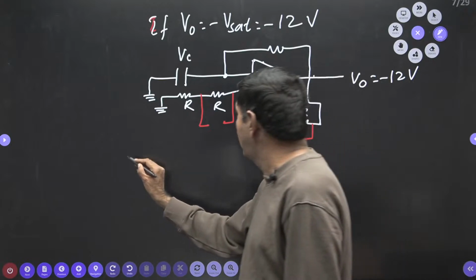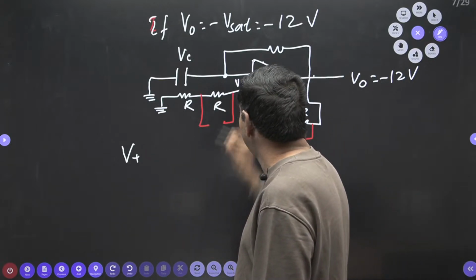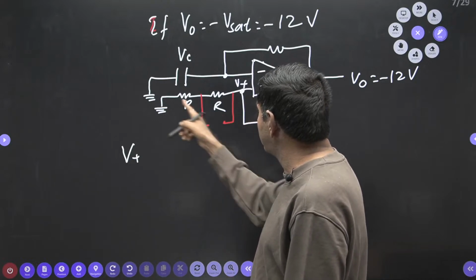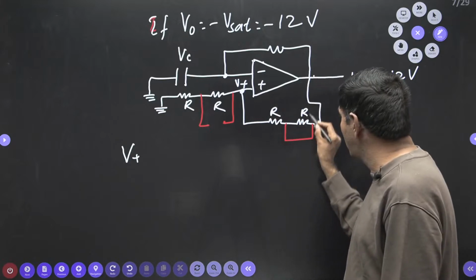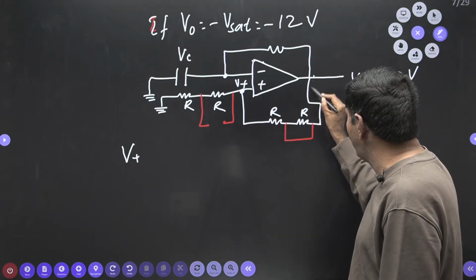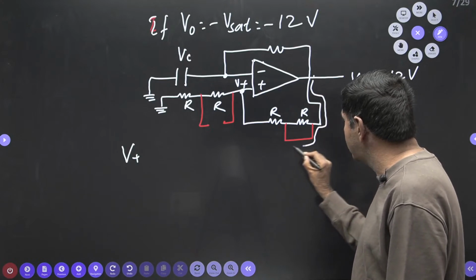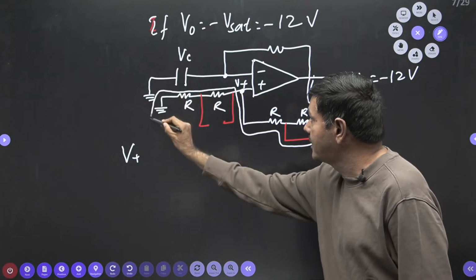If it is open circuited, the total resistance is 2R. If it is short circuited, the resistance will not have any effect. The current will pass in this direction.